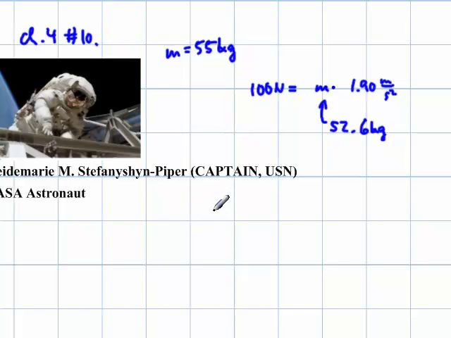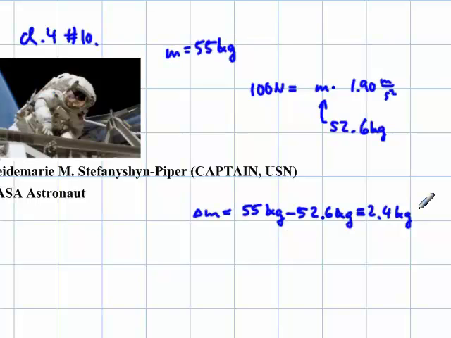So that means while in orbit, she has lost 2.4 kilograms due to the typical body mass loss that astronauts experience when they're outside of gravity, because their bones don't have to support their body anymore, and so while they're still eating, it's easy for them to lose some of their mass.